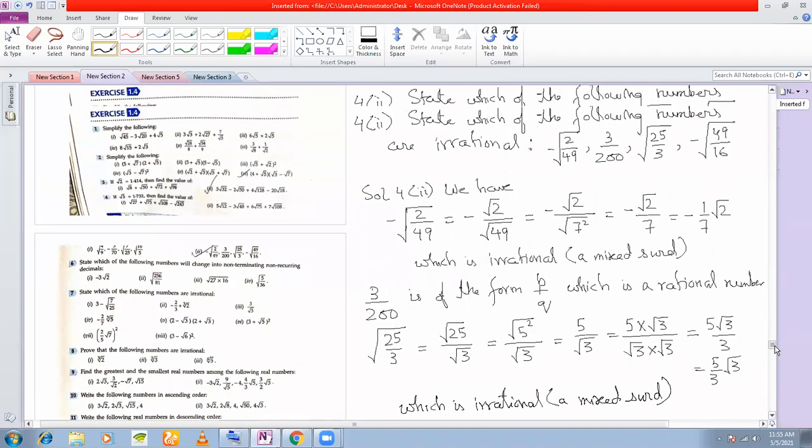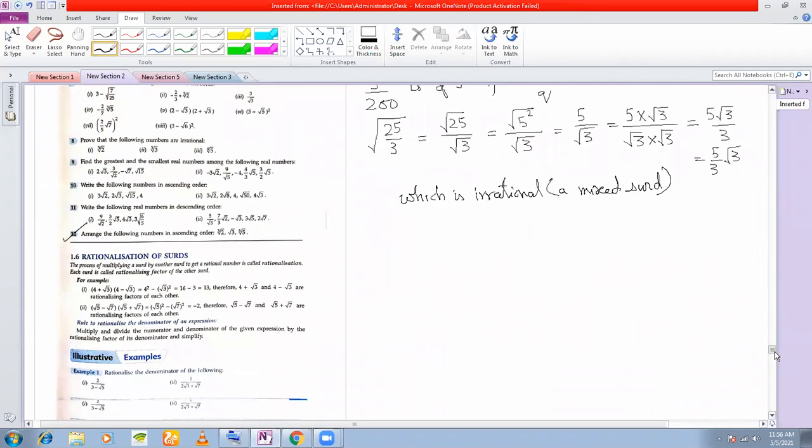Now the last one, minus root 49 by 16. Now this is very easy to see that 49 can be written as 7 square and 16 can be written as 4 square, which can be written as minus square root of 7 by 4 whole square.